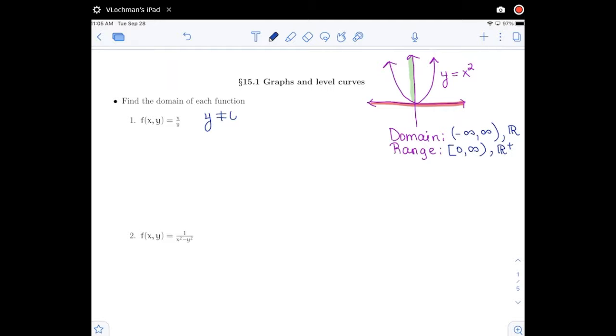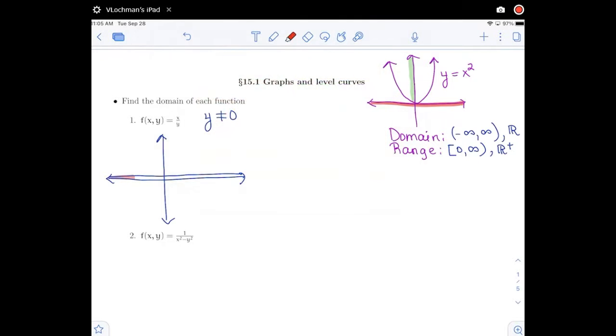Y is equal to 0. We need to exclude the entire x-axis from our domain. So our domain is going to look like what? It's the plane except all of the points on the x-axis. Okay, that we're going to exclude.